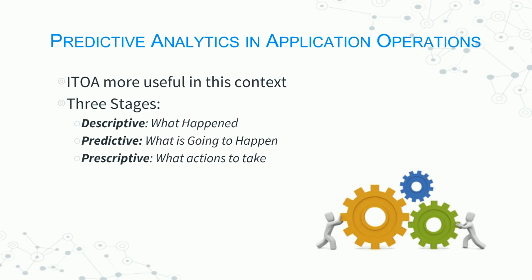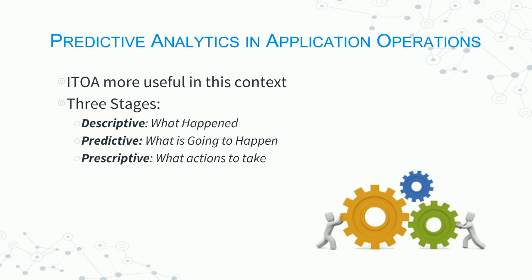So not as broad as the general topic of predictive analytics, but specifically collecting IT information or data from information technology sources to correlate and come up with insights. So there are generally 3 stages of predictive analytics in IT operations.